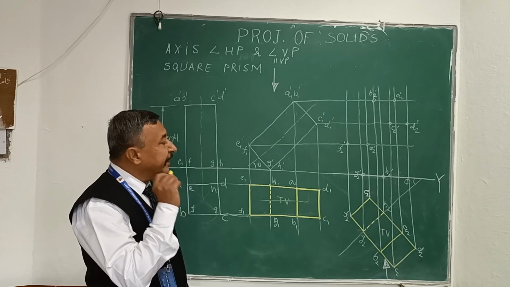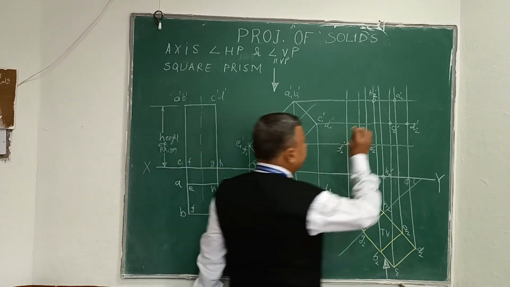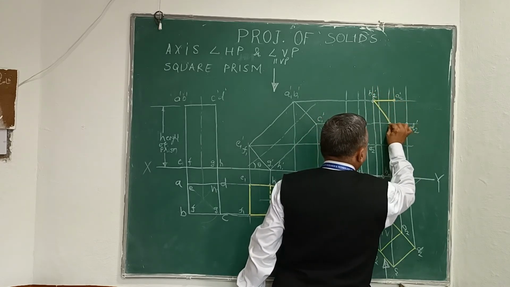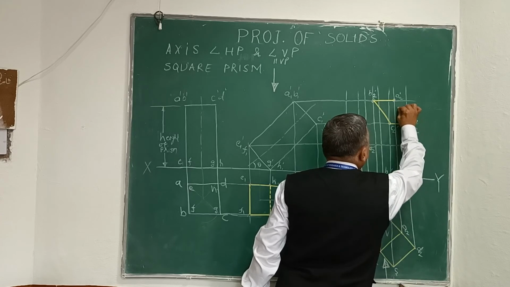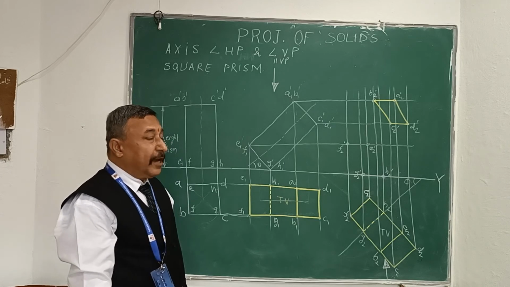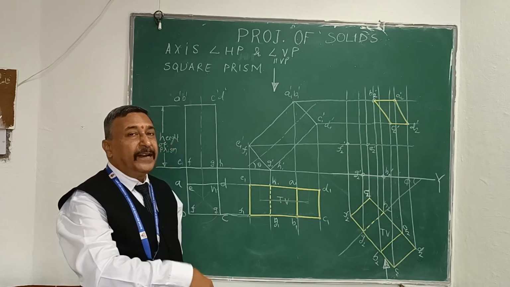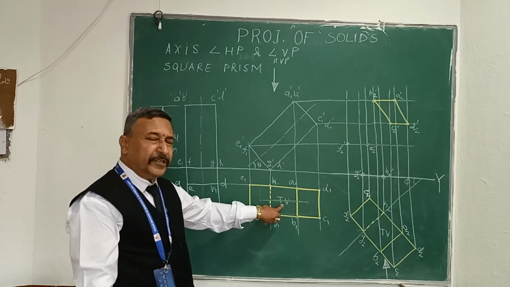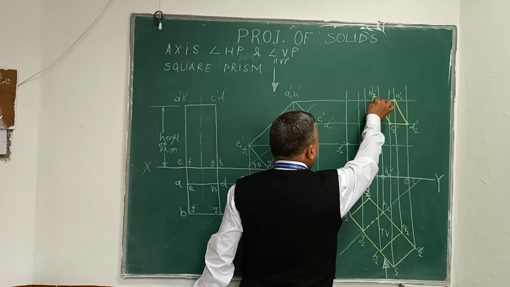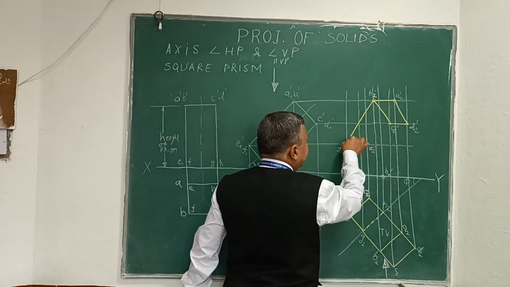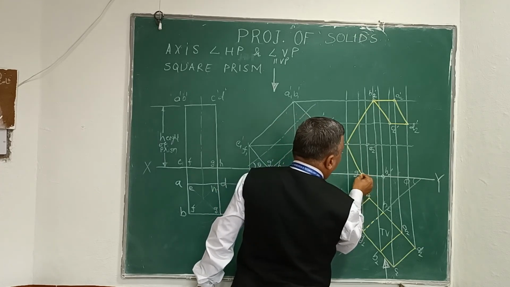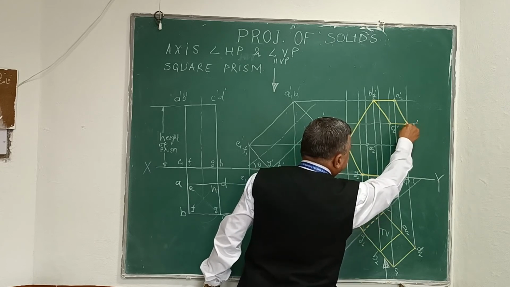Now I am going to complete A, B, C, D. See here, A, B, C, D. So this base is completely visible. Now we have to complete the outer lines or border lines. The process is the same as in the last view: border lines or outer lines are always visible.